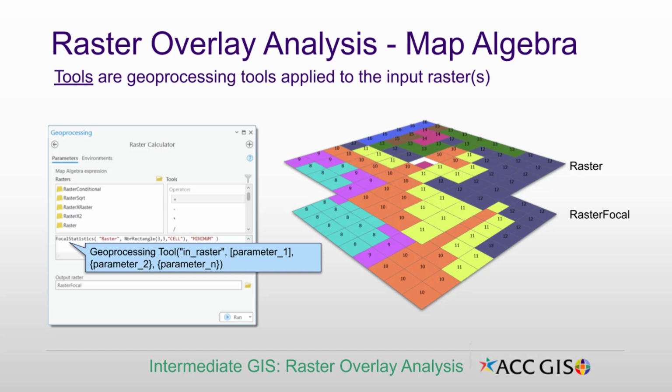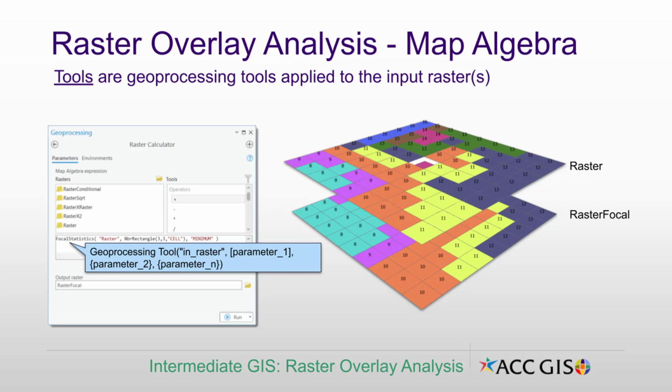In this particular example, we're running focal statistics with raster as our input, and then I've set the parameters for the neighborhood rectangle to be a 3x3 cell, and I've set the focal statistic to calculate at minimum. The results will be saved in our output raster. In this case is raster focal.